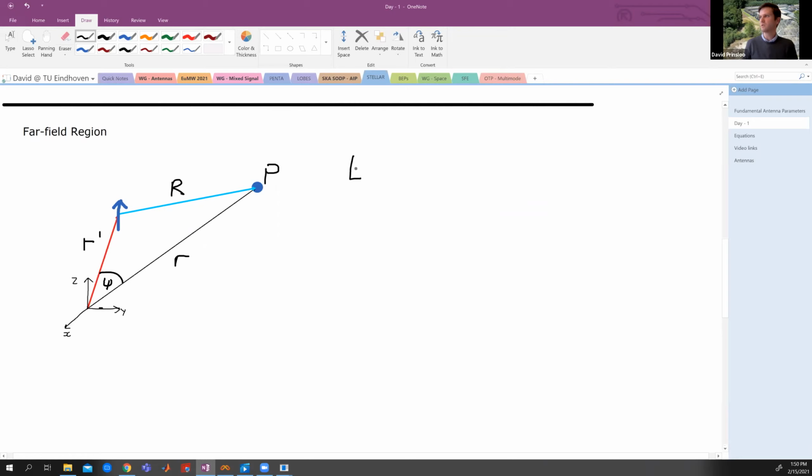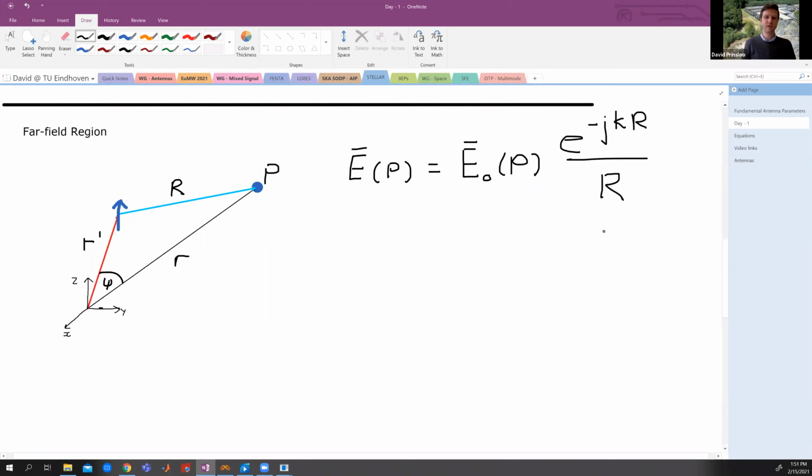The electric field, which is a vector at this observation point P, is equal to E naught, which just denotes the polarization and field components, which we can decompose now at the point P. And it's defined by a phase term e to the power minus jkR divided by this radial distance.